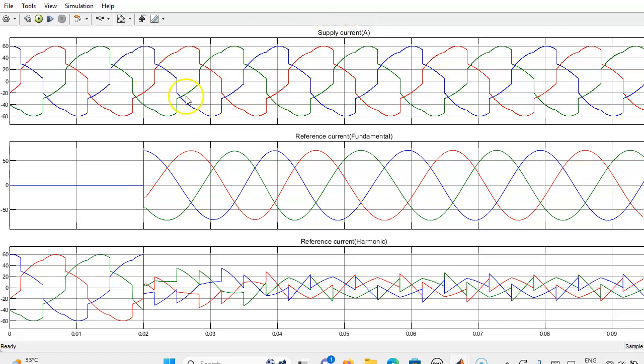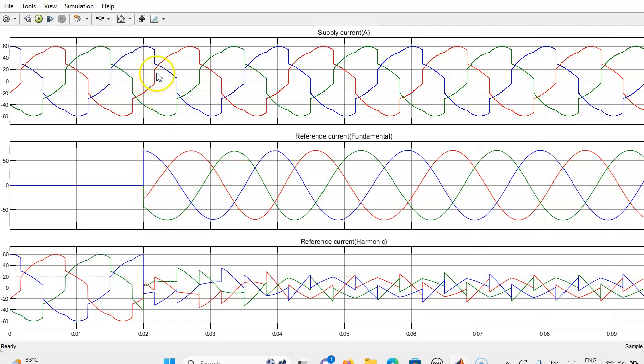This is the supply current, where the supply current is not in phase with the supply voltage, so there is a phase lag, that is 19.71, the lag degree between the voltage and the current. So if you apply the synchronous reference frame, what is happening to the fundamental reference current?